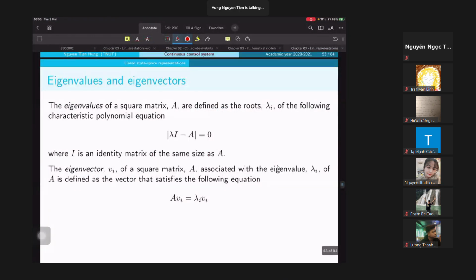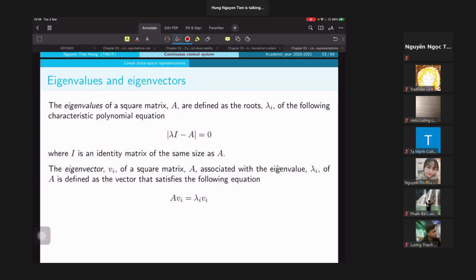I told you before that you need to review eigenvalues and eigenvectors, because you have been given this in calculus 1 or calculus 2, I think. So I will introduce this application of eigenvalues and eigenvectors in control system theory.